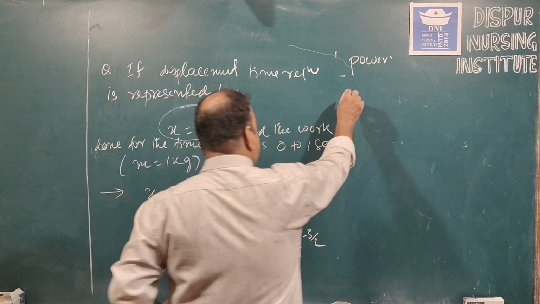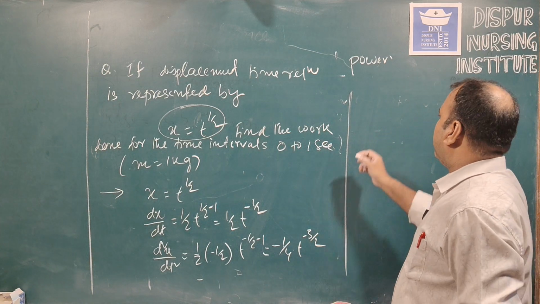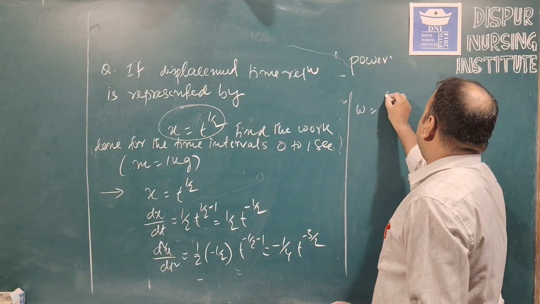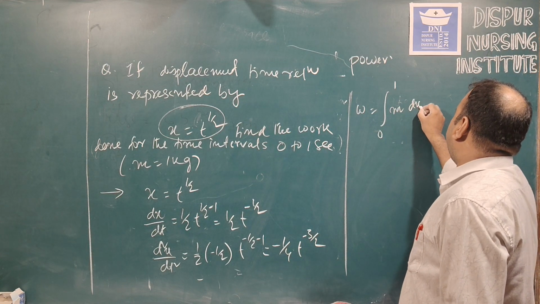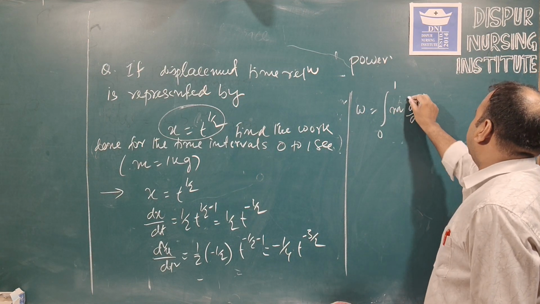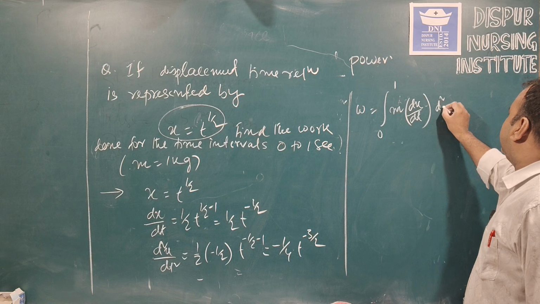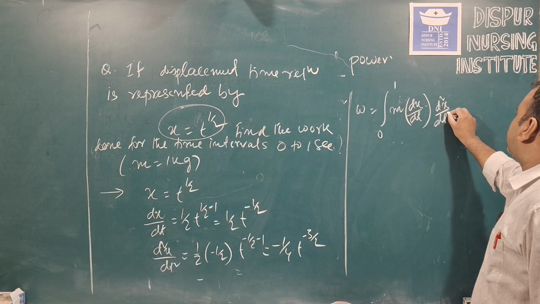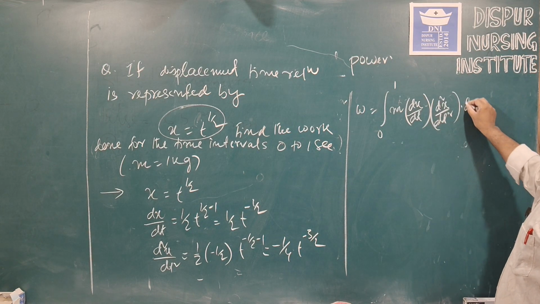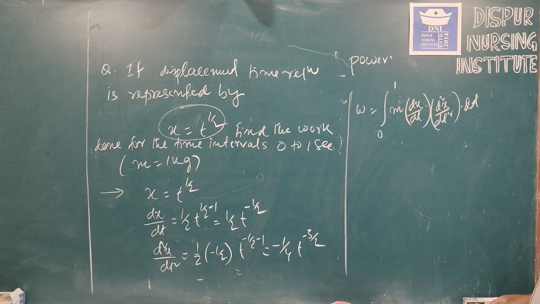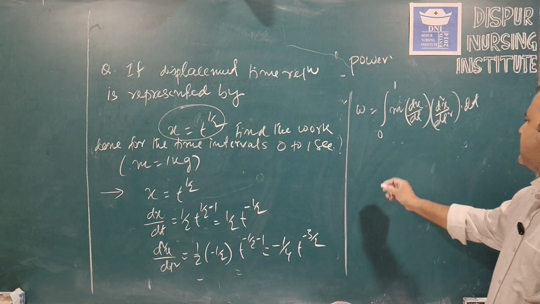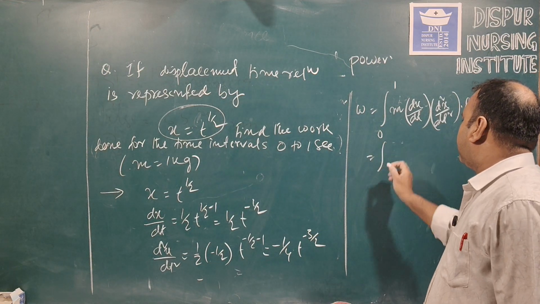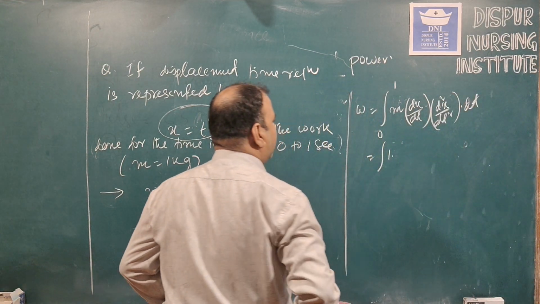Now according to our formula, w is equal to the integral from 0 to 1 second of m, dx by dt, and d square x by dt square, along with dt. According to our question the mass is given as 1 kg, so we can use mass 1 kg.